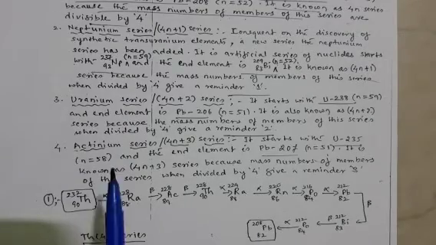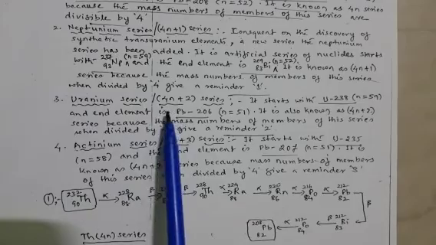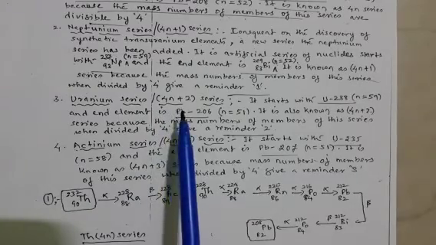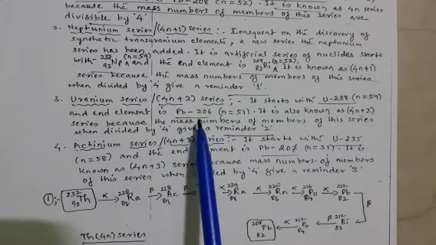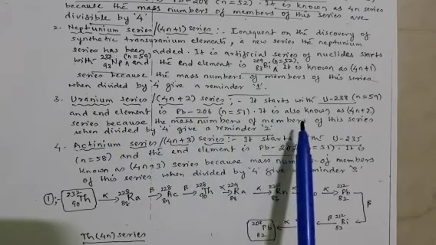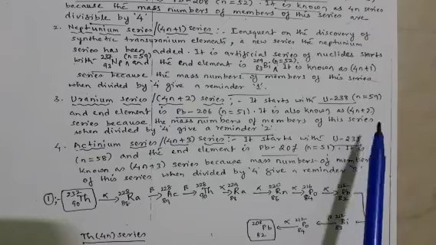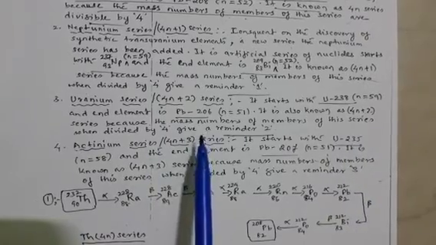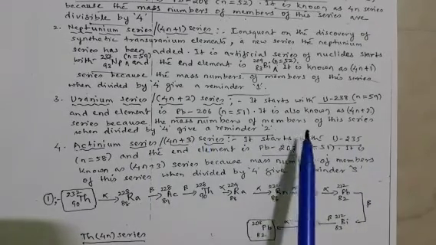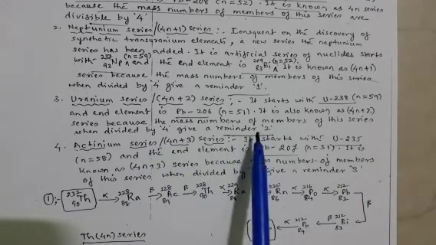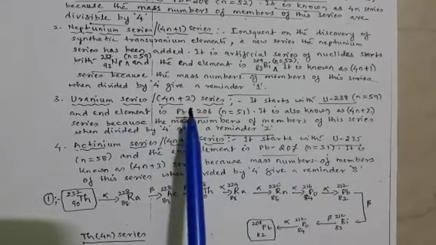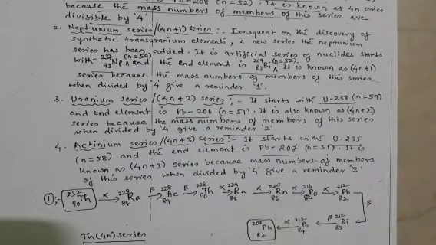The third series is the uranium series, which is the 4N plus 2 series. It starts with uranium-238 and ends with lead-206. It is known as the 4N plus 2 series because the mass numbers of the members of this series are divisible by 4 with a remainder of 2.